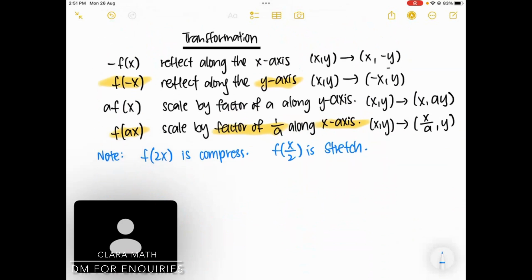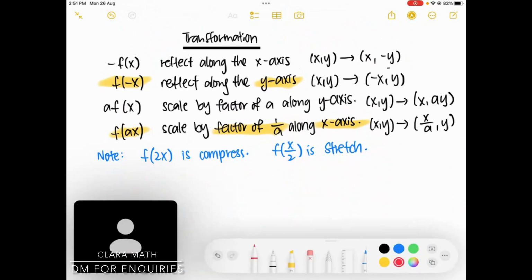This is very straightforward for you to refer to every time you need to do a transformation. And so you can see here, I highlight the ones in yellow because those are the more confusing ones, especially because the factor affects the x in the bracket. Those that are outside the bracket, like in front of f(x), are very easy because they just tell you to shift up, shift down, that kind of thing for the y values.